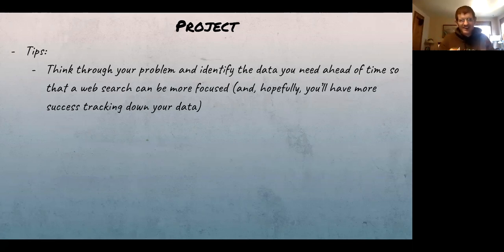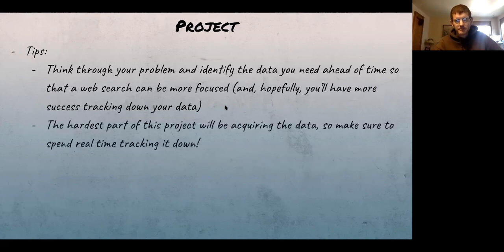You can type in exactly the search terms that you need. Because if you're just vaguely like, I'm looking at cancer data, let me get some cancer data, that's going to be such a broad search term, you're not really going to have success tracking down any data. But if you know specifically what you're looking for, you can pinpoint a little better.